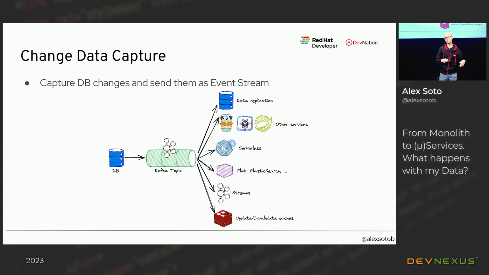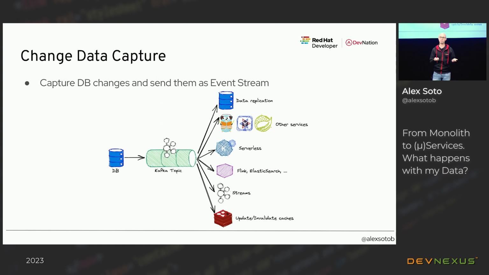Or maybe you have serverless, or maybe you've got Flink, or Elasticsearch or any index database, right? You want to index data, so you react by indexing this new entry. Maybe you want to use Kafka Streams or update distributed caches. It doesn't matter. The thing is that you're using it in this way. Then you say, okay, this is the change data capture pattern. That's nice.